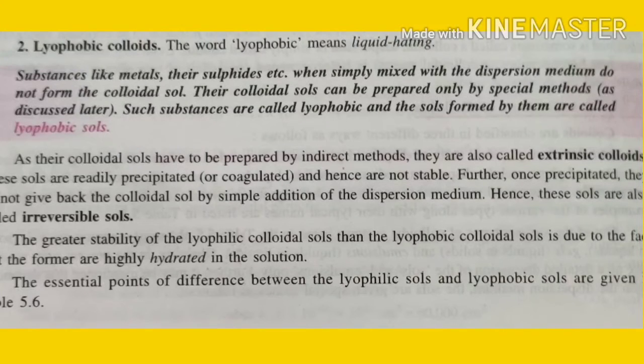As their colloidal sols have to be prepared by indirect methods, they are also called extrinsic colloids. These sols are readily precipitated or coagulated and hence are not stable. Further, once precipitated, they do not give back the colloidal sol by simple addition of the dispersion medium. Hence, these sols are also called irreversible sols.